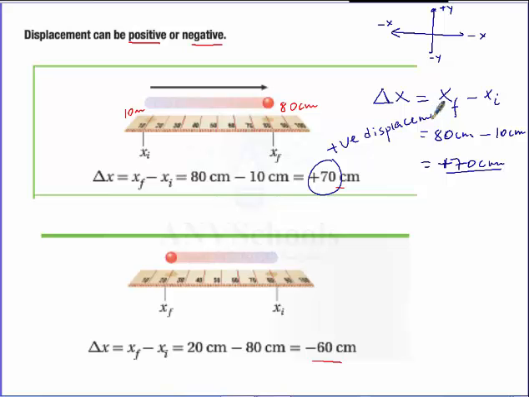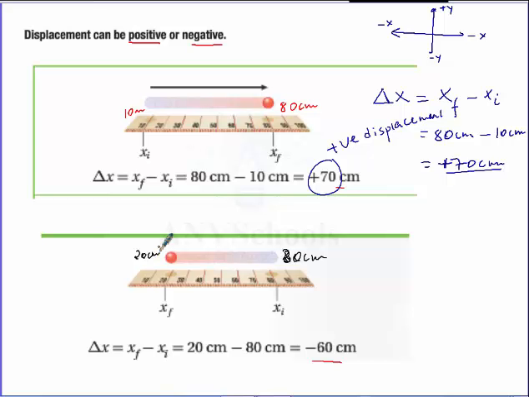Let's see a case where we have a negative displacement. In this case, the object is going backward from an initial position of 80 centimeters, going from right to left, and the final position is 20 centimeters.